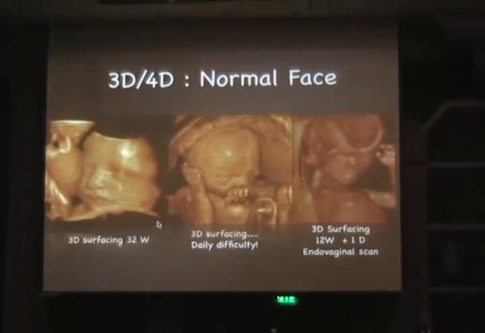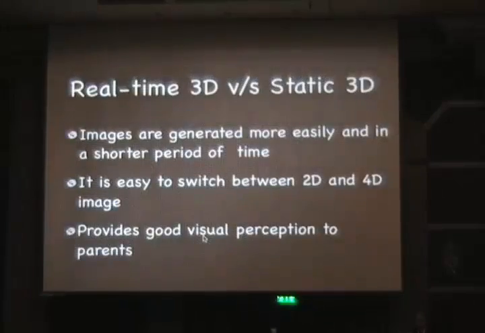On a normal face in 3D and 2D, you can see here the eyes, the nose, and the mouth. It may be difficult, because if you have little amniotic fluid, it's always difficult to explore in 3D.